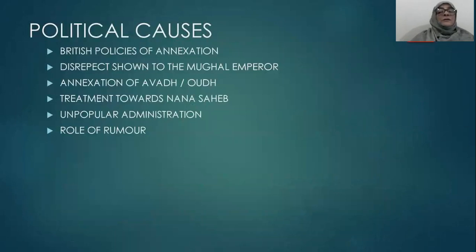Today we are going to discuss the political causes, and under the political causes come British policies of annexation, disrespect shown to the Mughal emperor, annexation of Oudh, treatment towards Nana Sahib, unpopular administration, and rule of Rome. That is how these different things created chaos and became one of the reasons for the War of Independence of 1857.